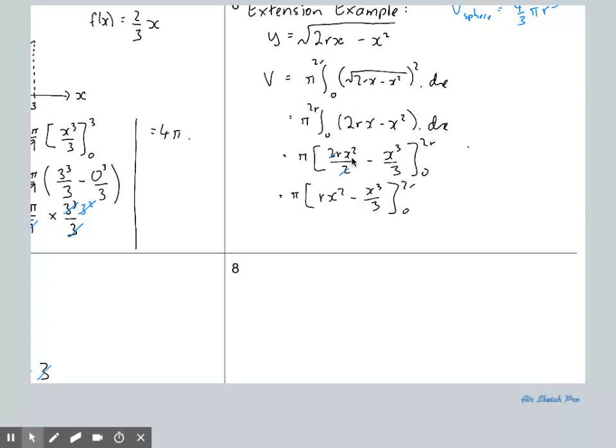Now I'm going to substitute in. So it's going to be r times 2r squared minus 2r cubed on 3.